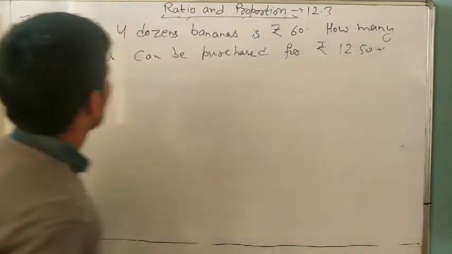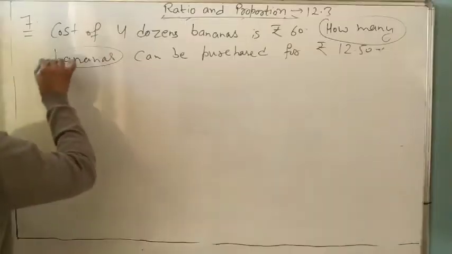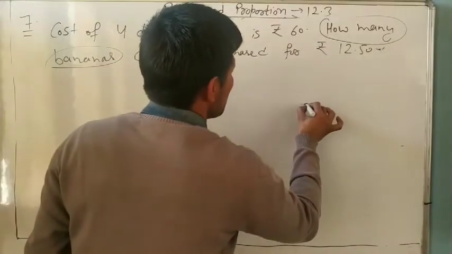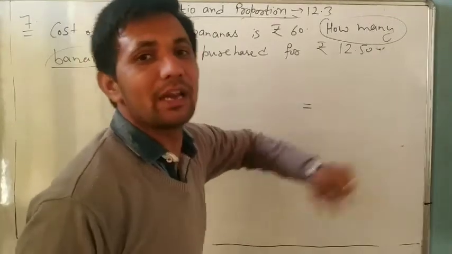So what do we want to find? How many bananas. So bananas we will write after the equal sign.